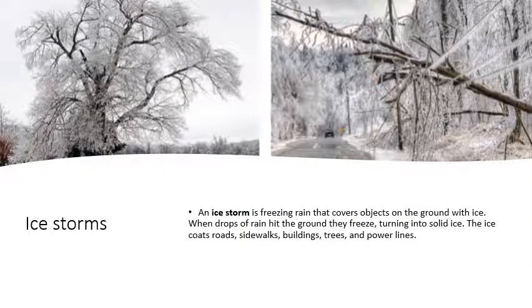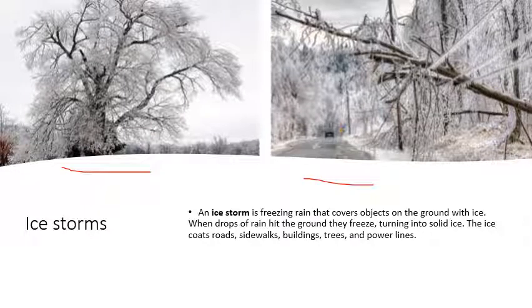An ice storm is freezing rain that covers objects on the ground with ice. When these drops of rain hit the ground, they freeze, turning into solid ice. The ice coats roads, sidewalks, buildings, trees, and power lines. And remember when we talked about the survival of animals and trees, we said that this freezing eventually causes the plants to die.